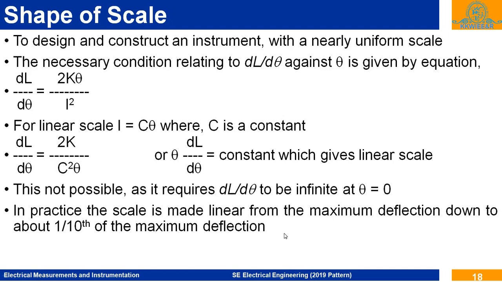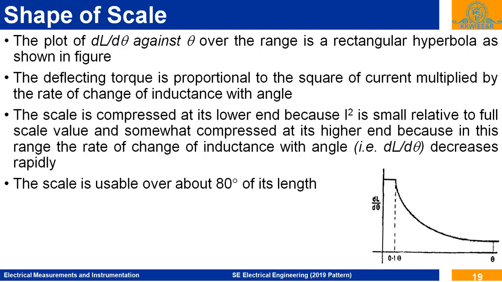So for the full scale, the 1/10 portion of this scale is cramped, or compressed. The parameters are designed in such a way that only 1/10 portion of this maximum scale is compressed, and the remaining part is uniform.